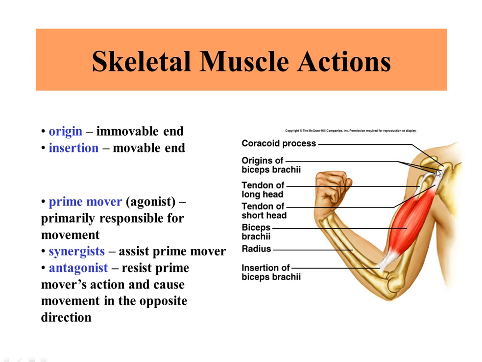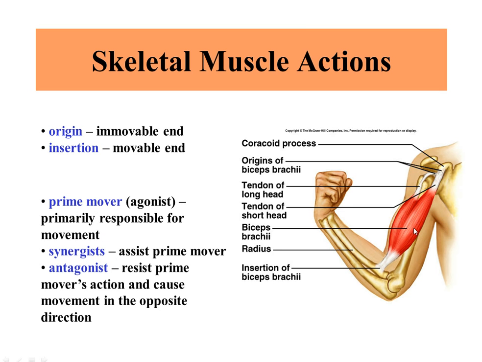The coracoid process and above the glenoid cavity on this scapula are the origins of this muscle, and the insertion is the movable part. So the insertion will move a part toward the origin. A prime mover, sometimes referred to as an agonist, is the primary muscle responsible for the movement.